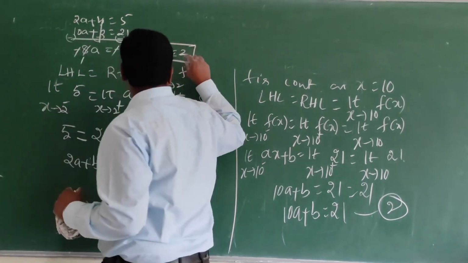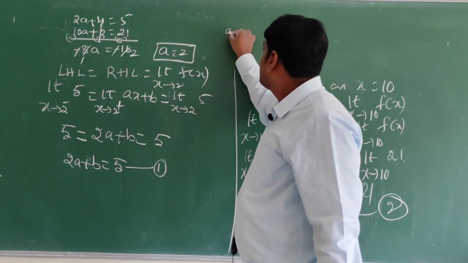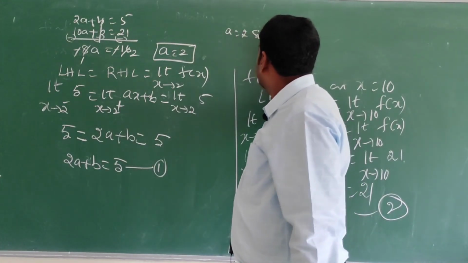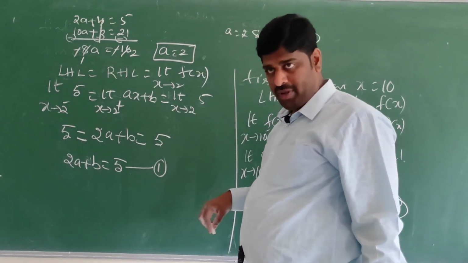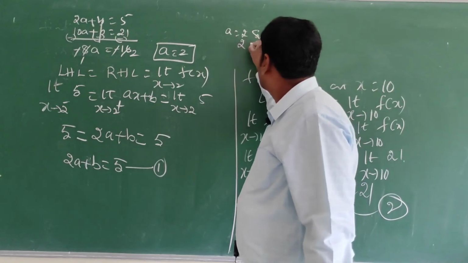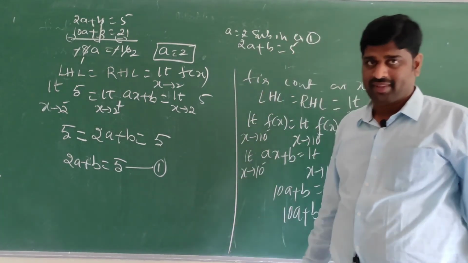Now come to this: a is equal to 2, substitute in equation number 1. You will get the b value. That is 2a plus b equals 5. Clear?